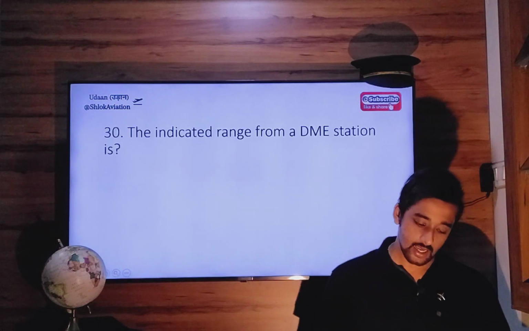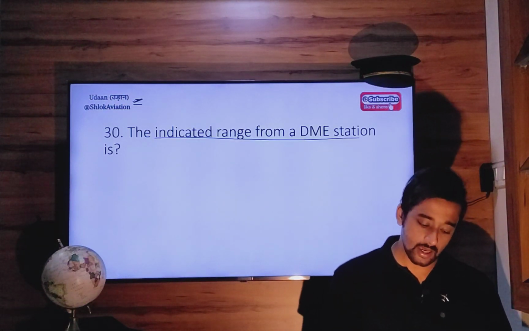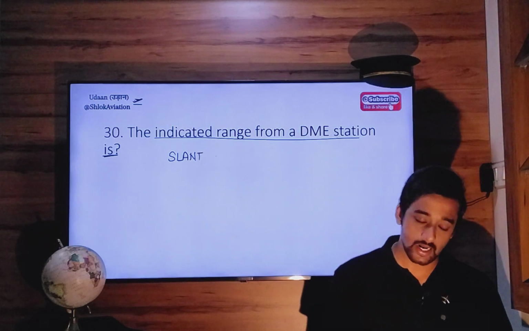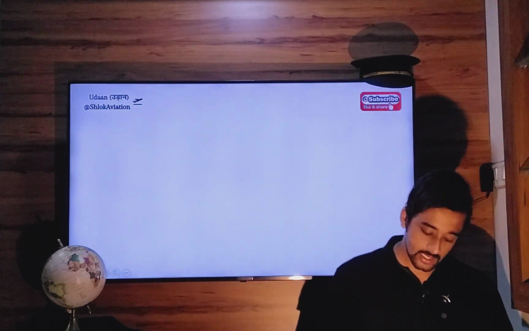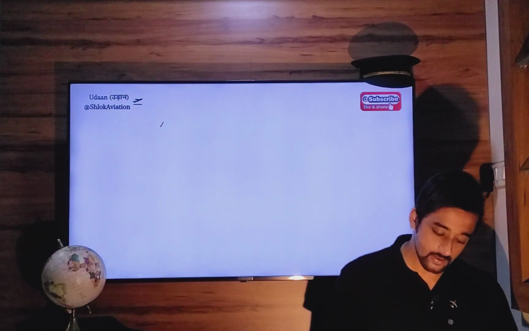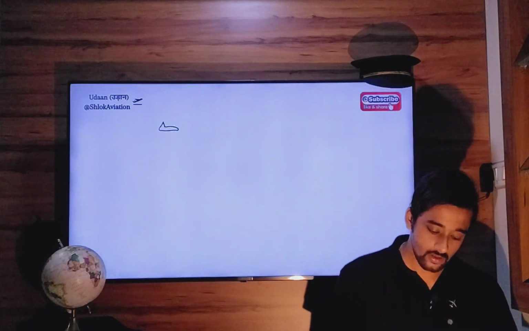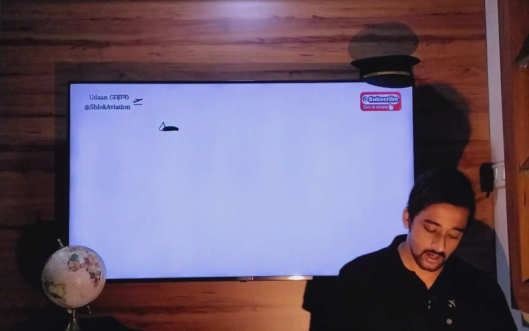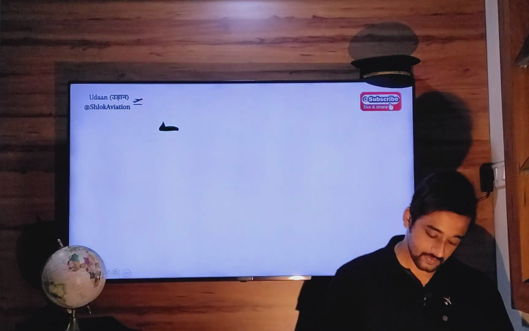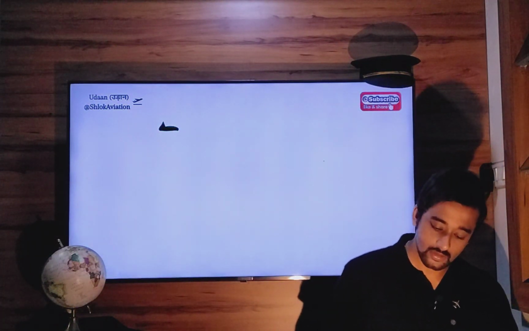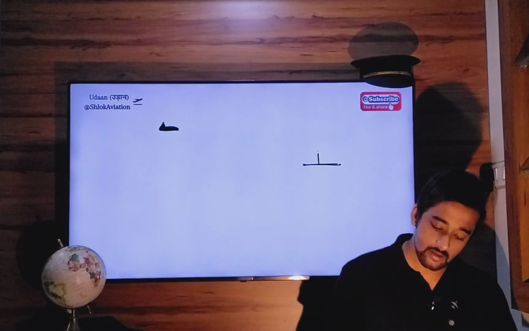Next, question 30. The indicated range from a DME is slant range. It is slant range, very important. So slant range means, let's say this is your aircraft, and here is the DME station on the ground.